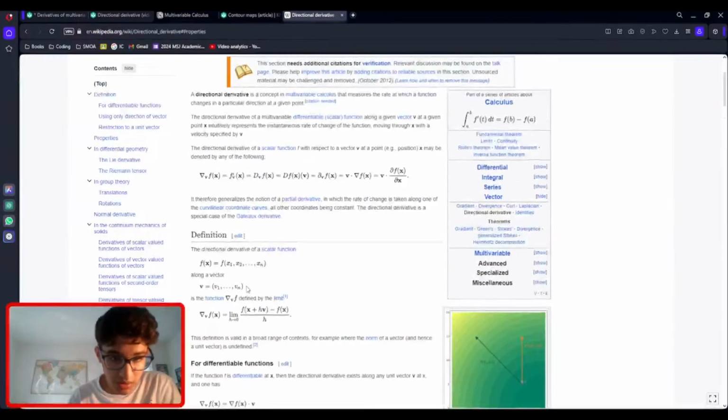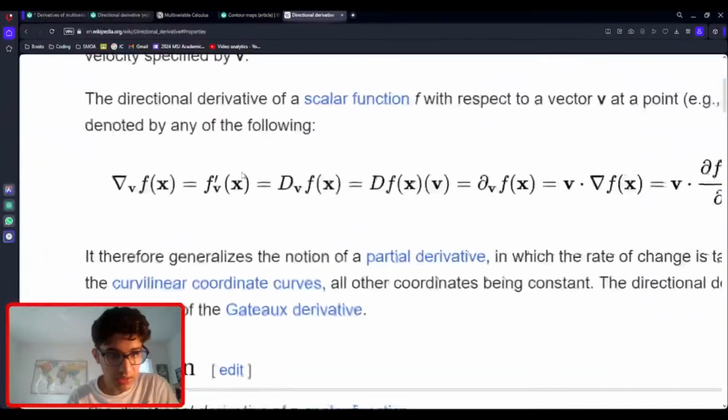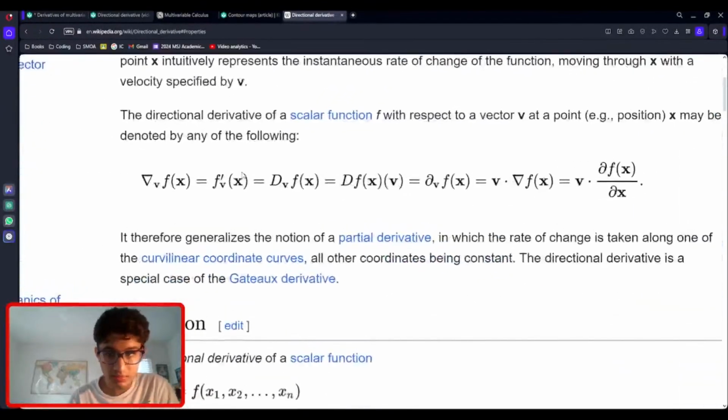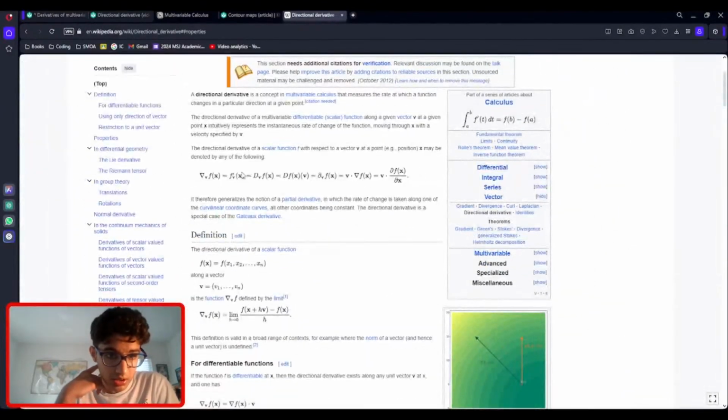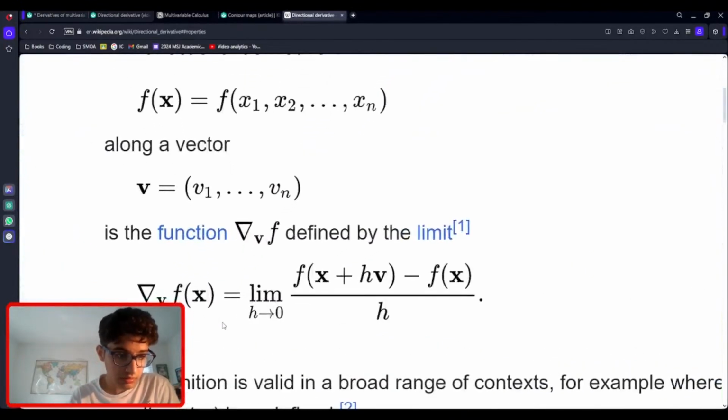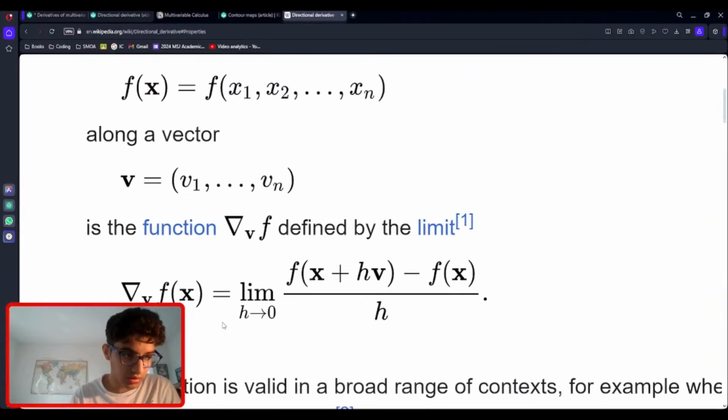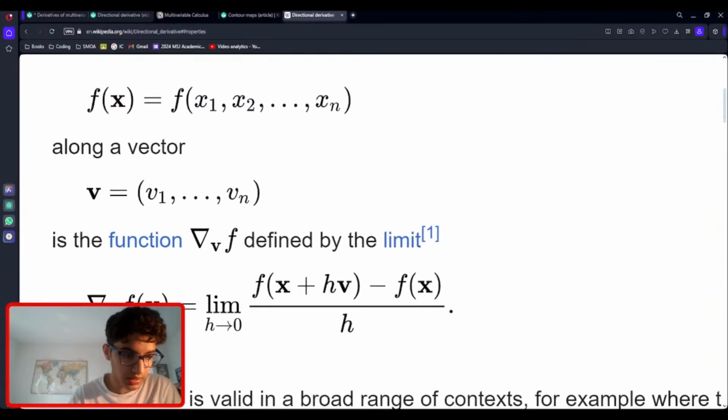Okay, let's not get sidetracked. Basically, the formula is like this, right? Directional derivative of a scalar function. This is kind of all it is, right? You don't need anything else. This is the notation basically. This is what they said, and obviously you can include f of x, y, and stuff.